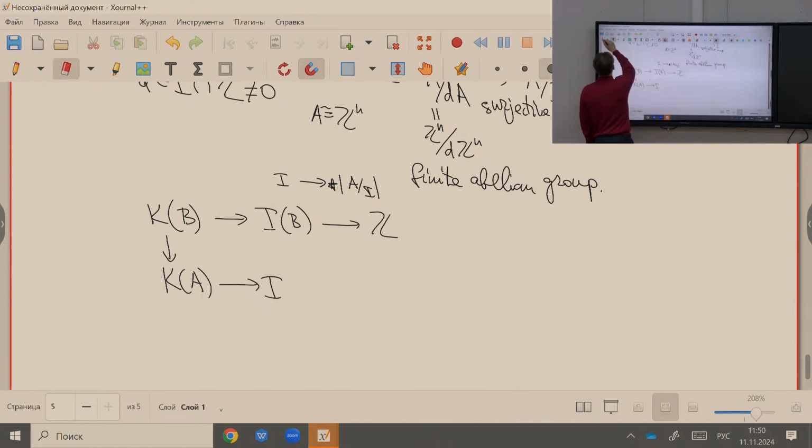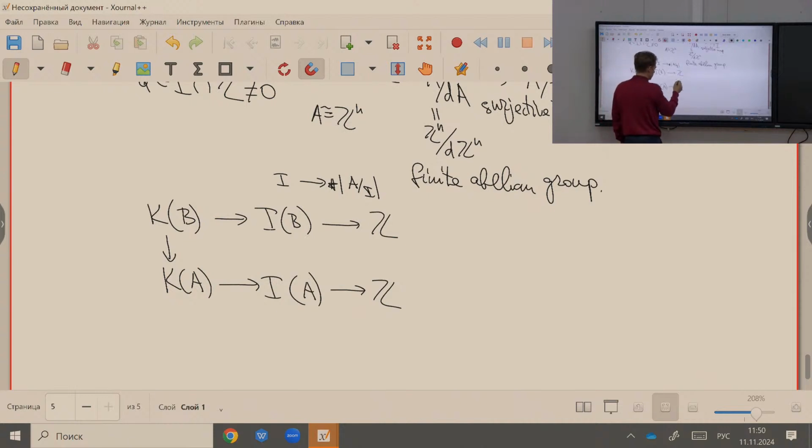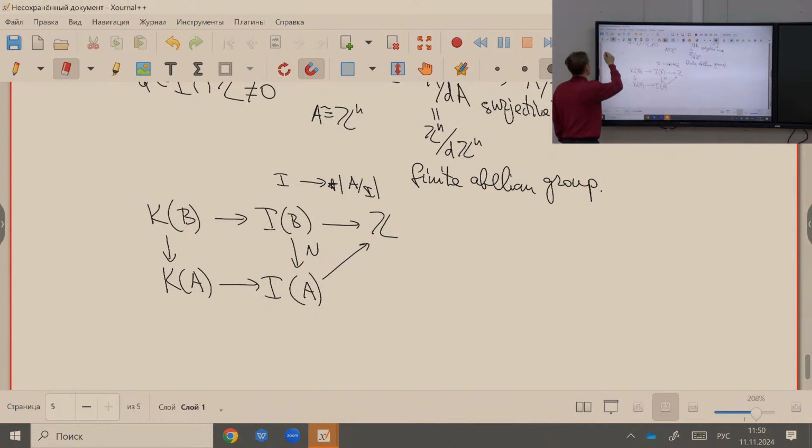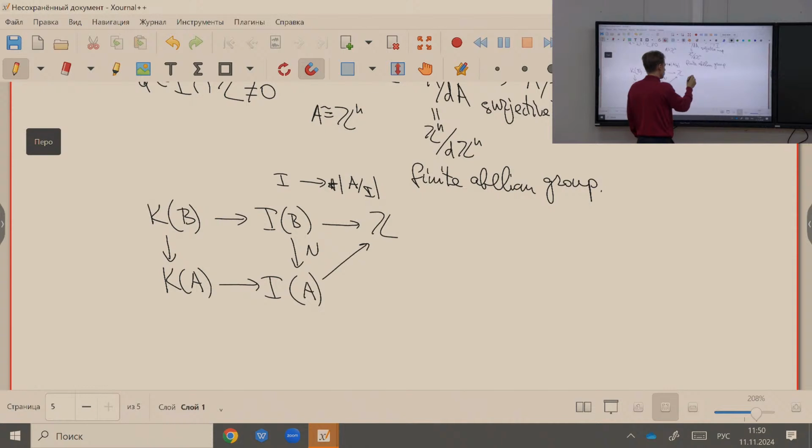I mean, if you think of this diagram, here you have maps to Z. If you consider the norm map, then this is a commutative diagram. So this is commutative.